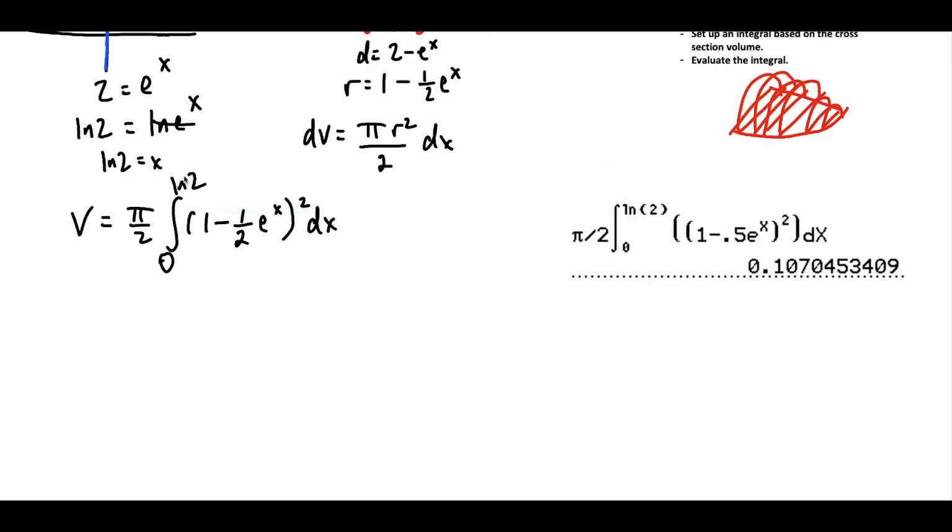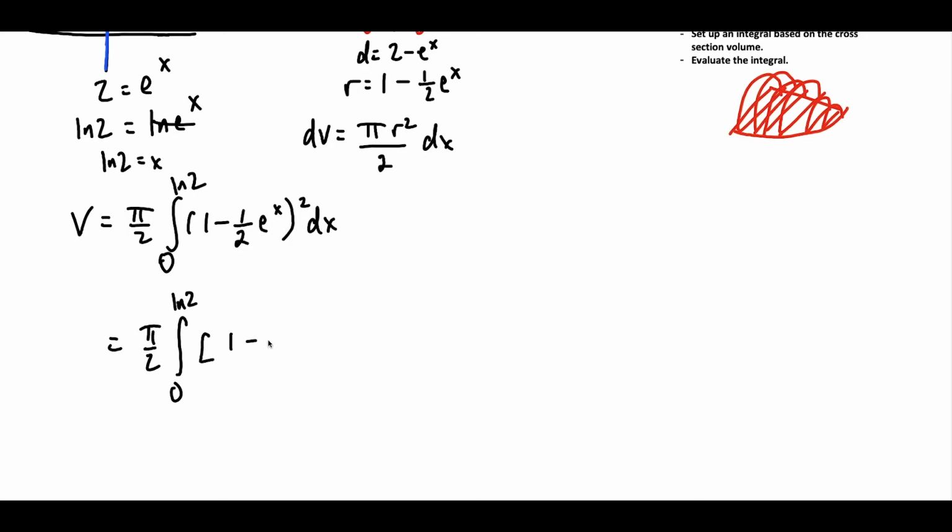Okay, so if we also want to see how to do this by hand, first we're going to have to expand this. So on the inside of our integral here, we're going to have 1 minus, and if we were to multiply this out, we would have minus 1/2 e to the x minus 1/2 e to the x, which is minus e to the x, plus 1/4, and then e to the x times e to the x is e to the x plus x, which is e to the 2x.